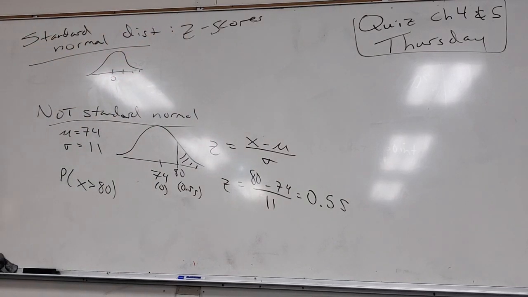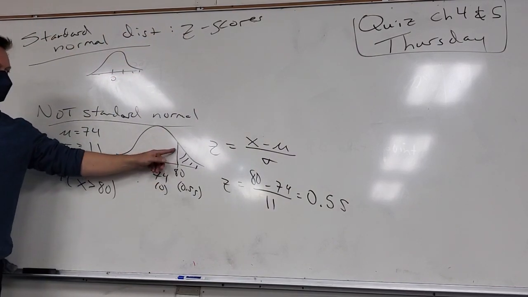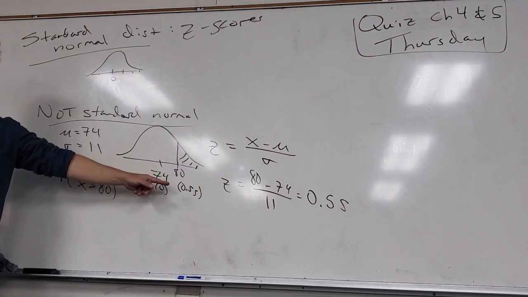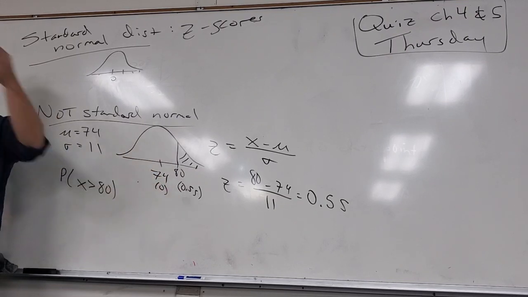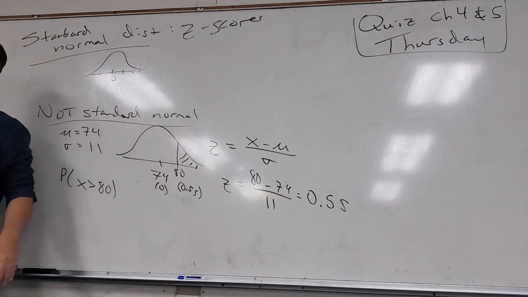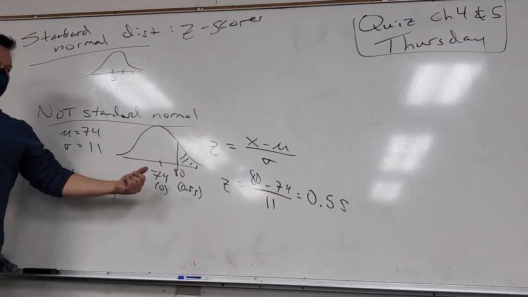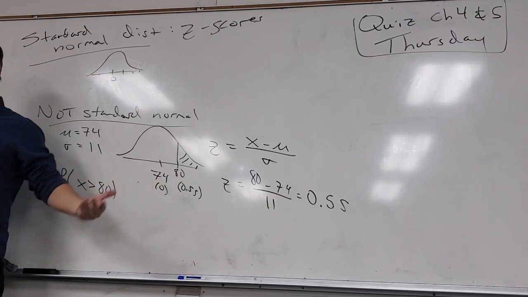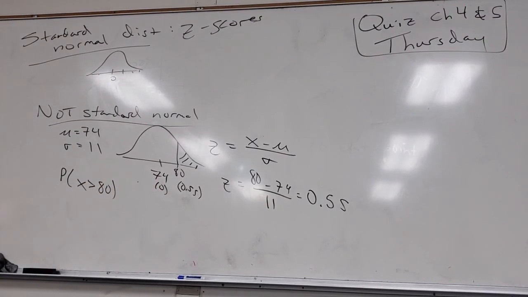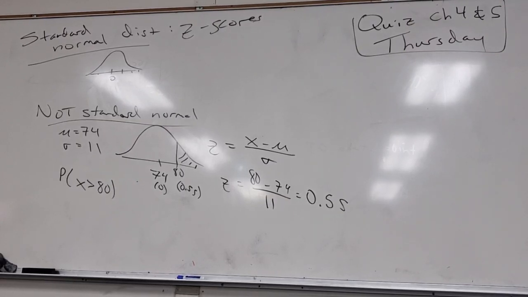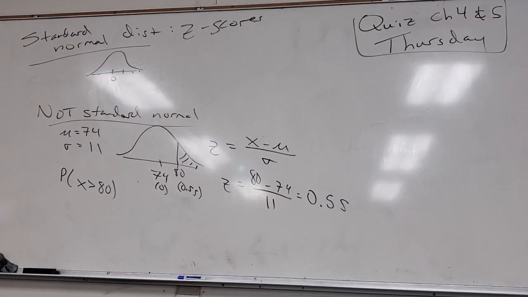Now look up 0.55 real quick and see what area you get. You can realize a shortcut here, but it only saves you like 1.5 seconds. So 0.55, what area do you get?